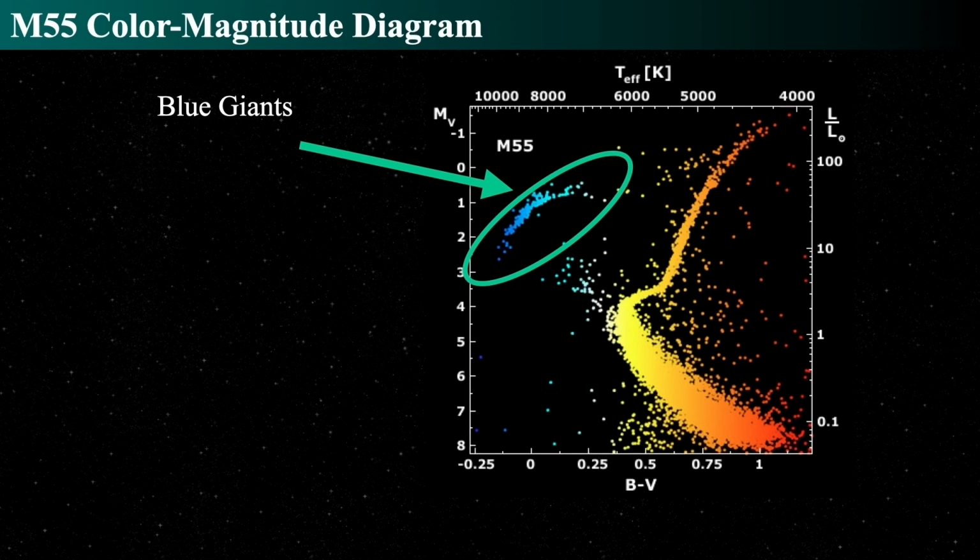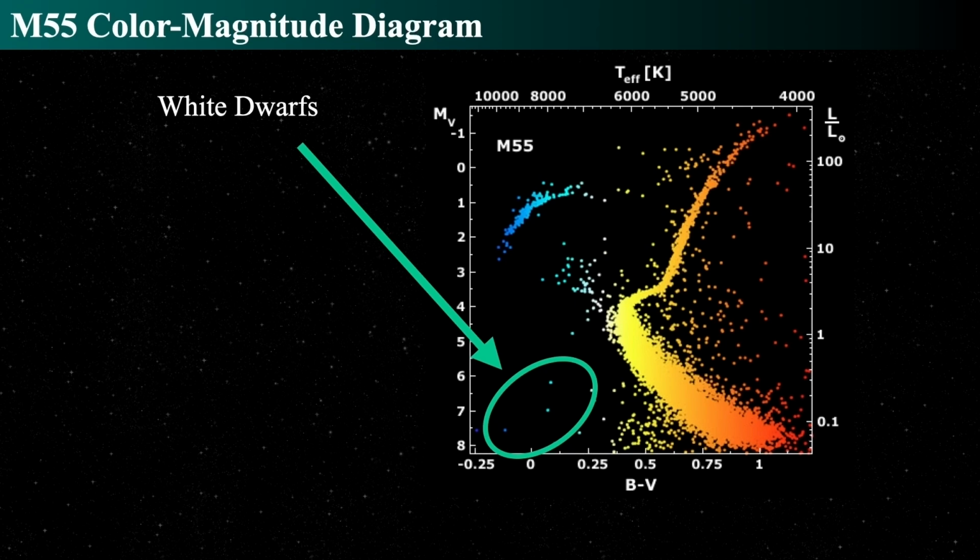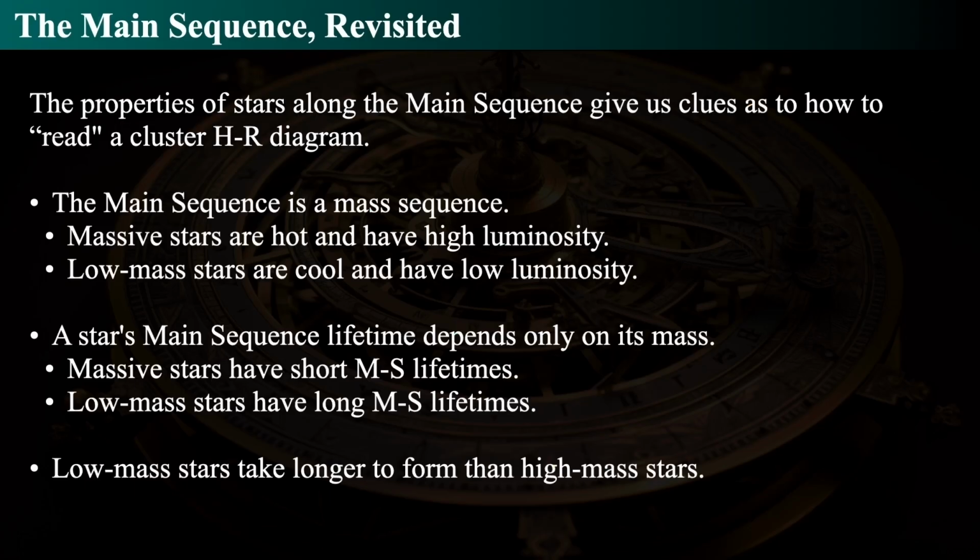And then we have the blue stragglers, which are, because this is a globular cluster and it's an extraordinarily dense environment, stars can collide together to form a new star, and those stars are more massive than their progenitors, and so therefore they are bluer and hotter, and they're called blue stragglers. And then we have a smattering of white dwarfs, which are dead stars.